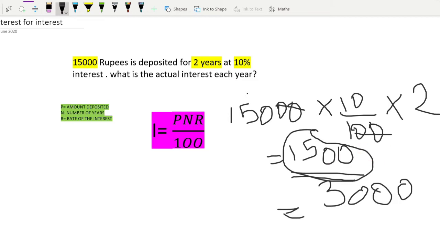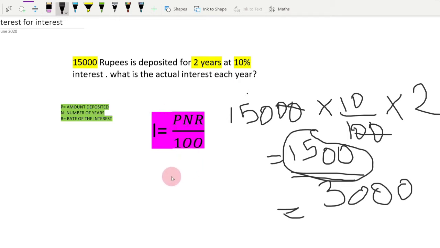Then if we took a loan of 15,000 rupees from a bank, the bank calculates interest for interest. So calculating interest on interest is called compound interest.